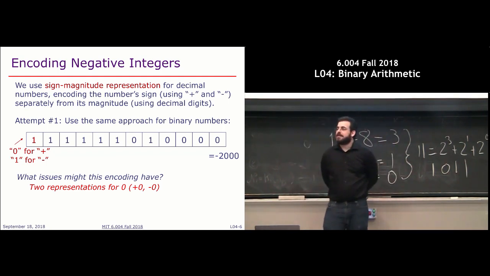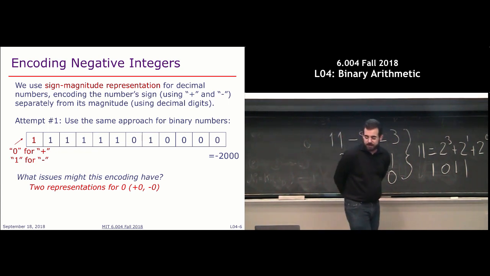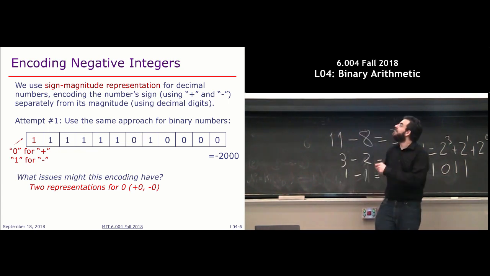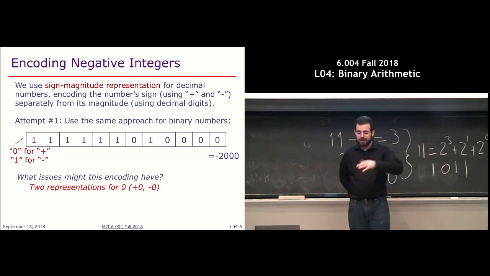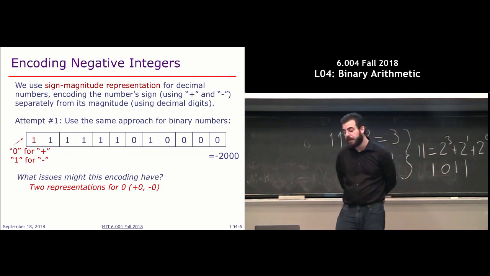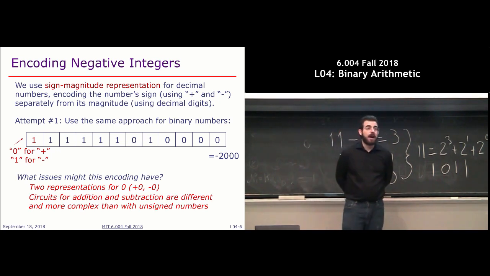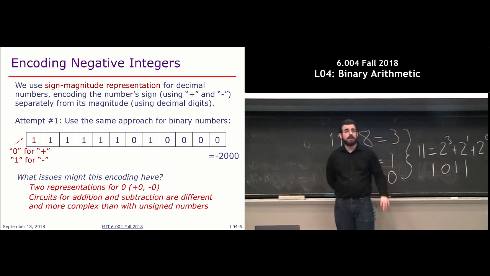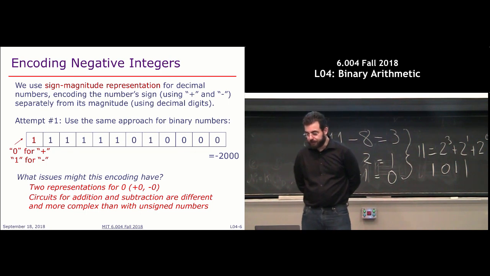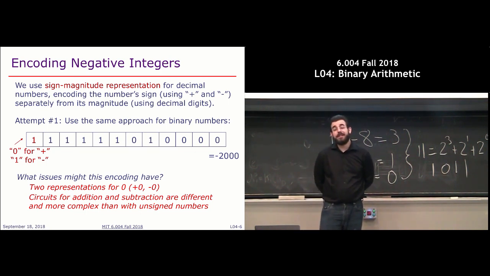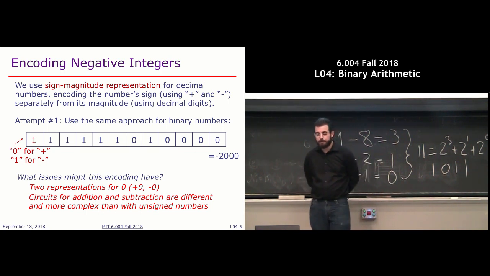But even worse, there are more problems with this, right? Because we're having this sign bit as something completely independent from the magnitude, this makes the circuits for addition and subtraction more complex. Essentially, you end up needing to do several special cases to handle the sign bit, and you need different circuits for addition and subtraction.